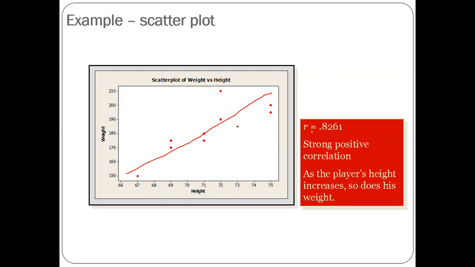For R equals 0.8261, or 0.8, the correlation is strong.